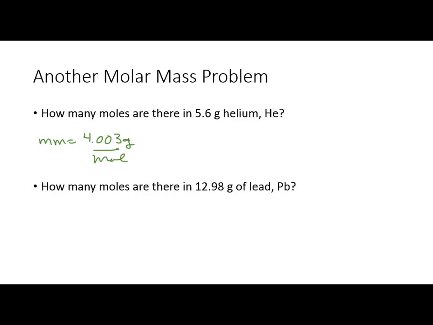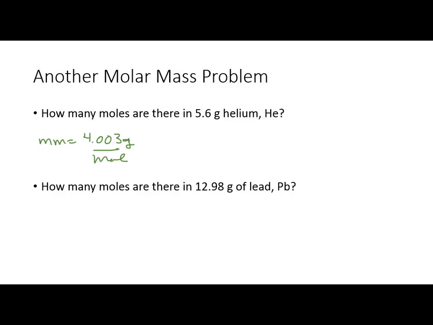Now, in this case, notice that I have 5.6 grams of helium. Well, that seems like a little over a mole, doesn't it? I only need 4.003 grams of helium to have a mole. So I have a little more than a mole. So my answer should be a little over 1.